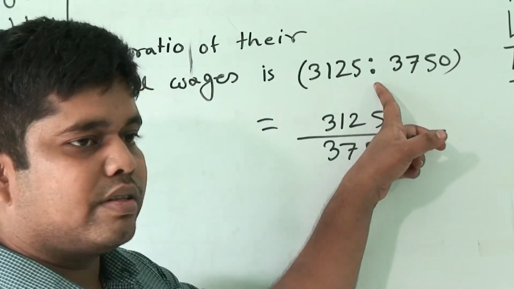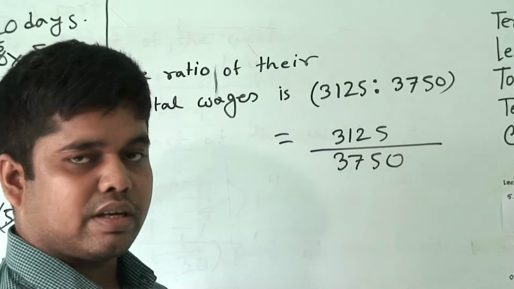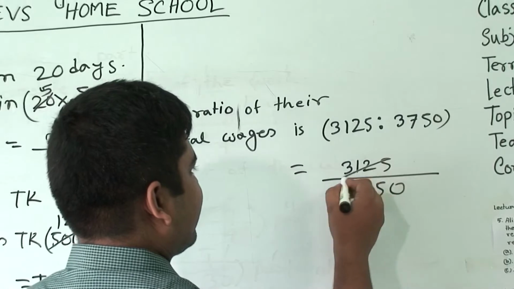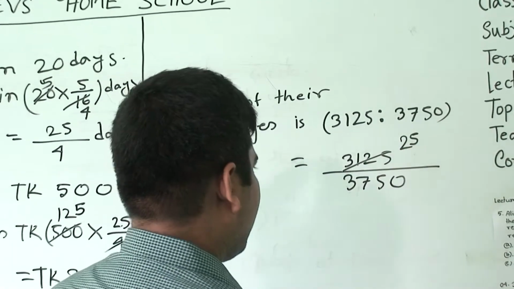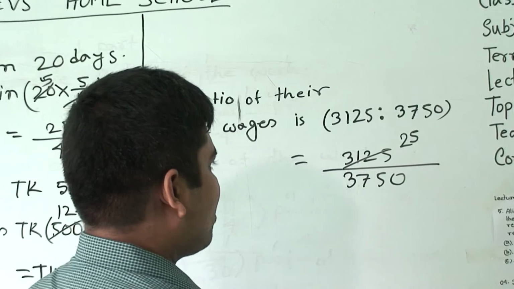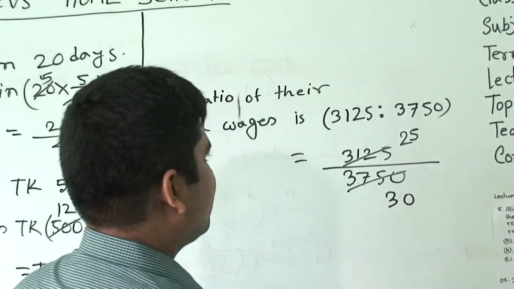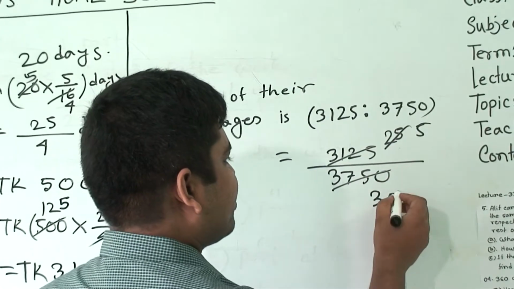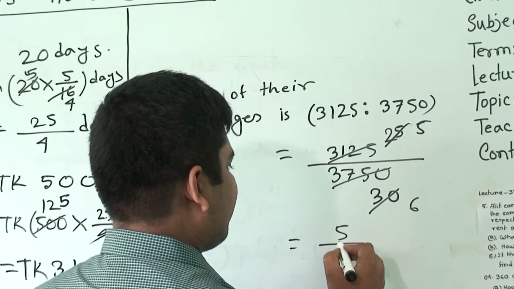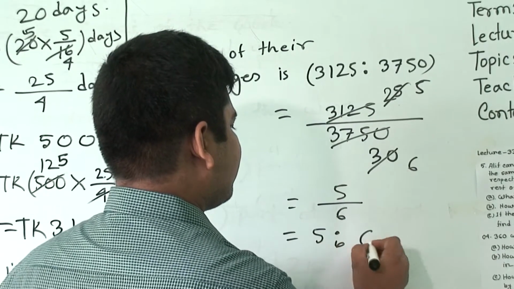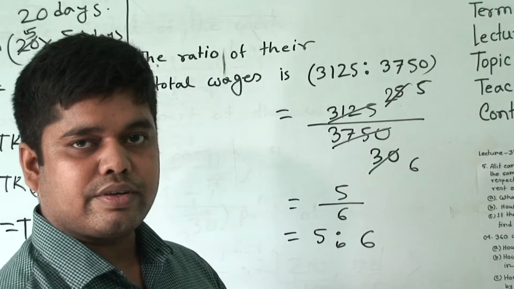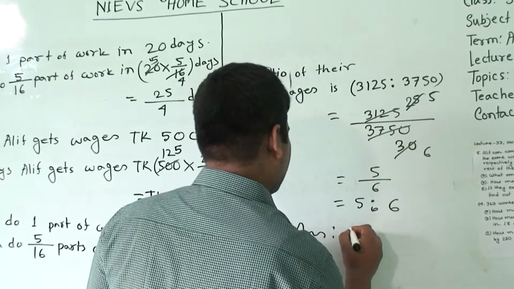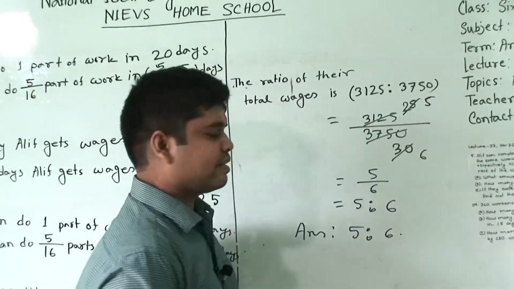My dear students, this ratio sign means division. After that we cut this number by 125 and we get 25. Again we cut this number by 125 and we get 30. Now notice, in 25, 5 goes in 5 times and in 30, 5 goes in 6 times. So 5 by 6 and we write it 5:6. Okay, this is the required ratio and it is the required answer of this question. So as our solution is done, now I write answer 5:6.